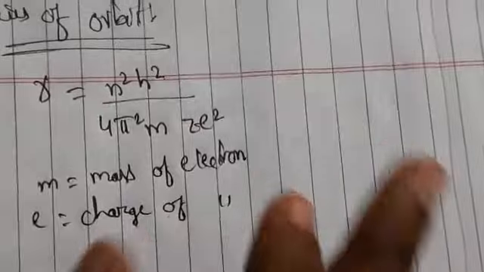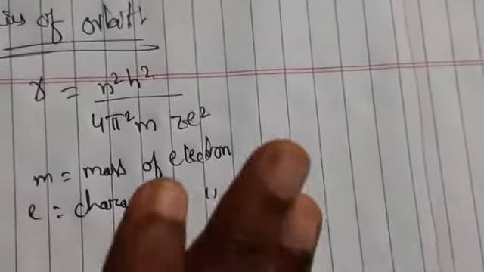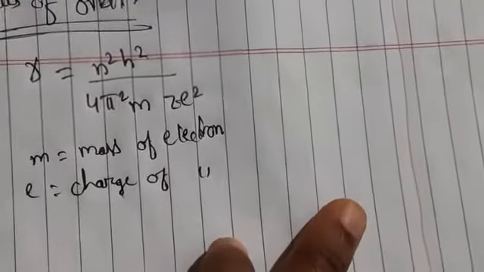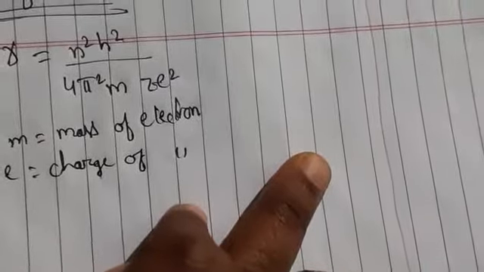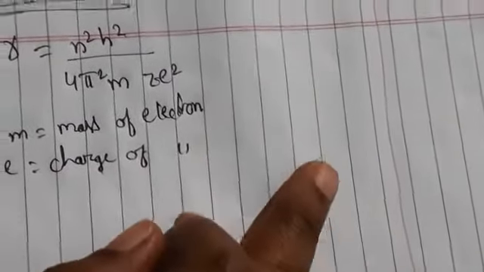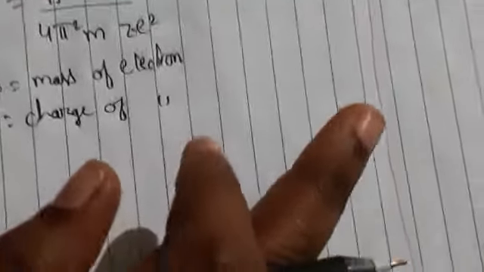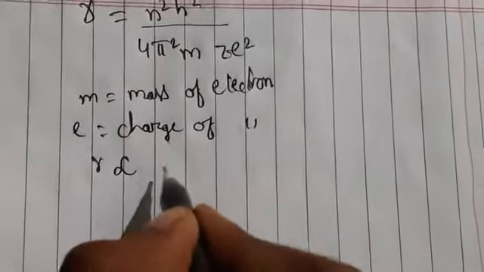For an atom of a given element, Z will be constant. So the Z will have some value, and it will be constant. So the radius of the orbit in an atom is proportional to n square, the square of the principal quantum number.